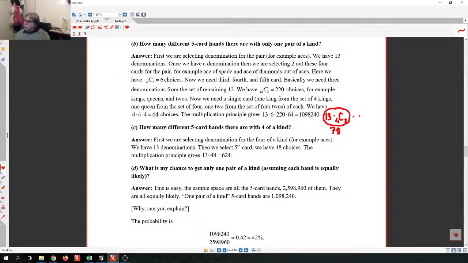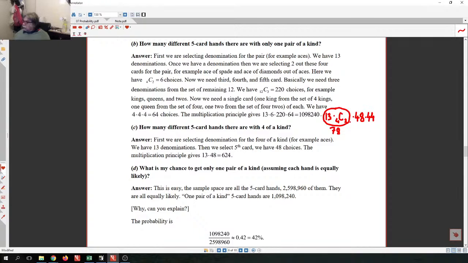You have the remaining 48 cards for the third card. Why? Because if you have one pair of a kind, you chose aces, you can't have any ace anymore. So you have to throw aces out. So you have 4 less. That's 48. The same way you can get a fourth card. You have now 44 choices for the fourth card. Why 44?